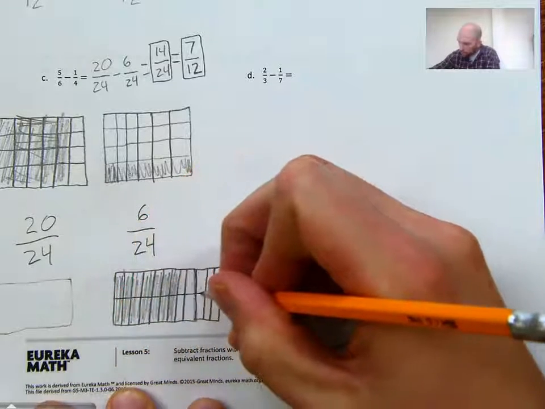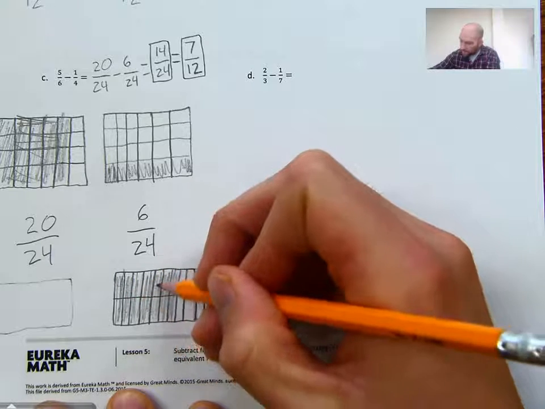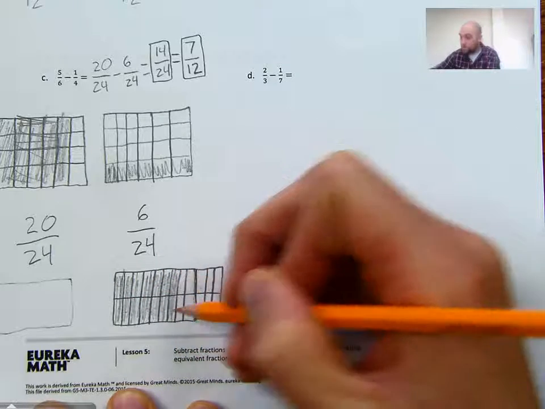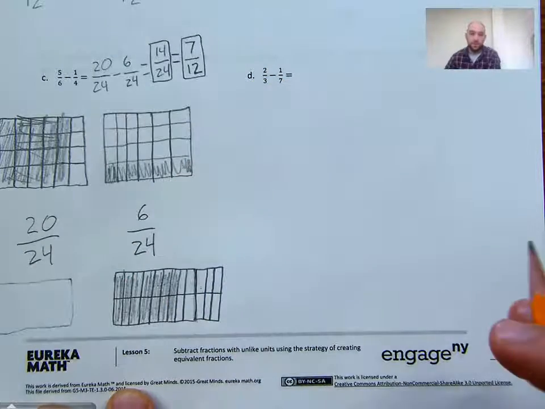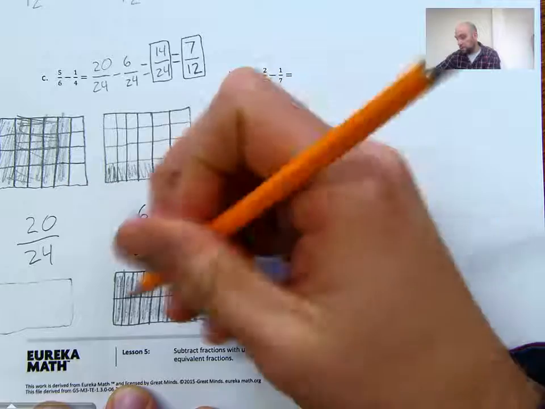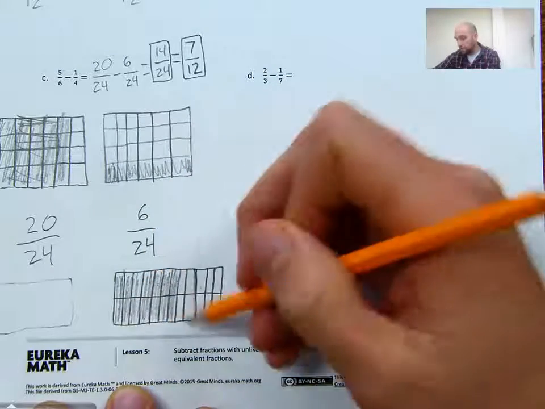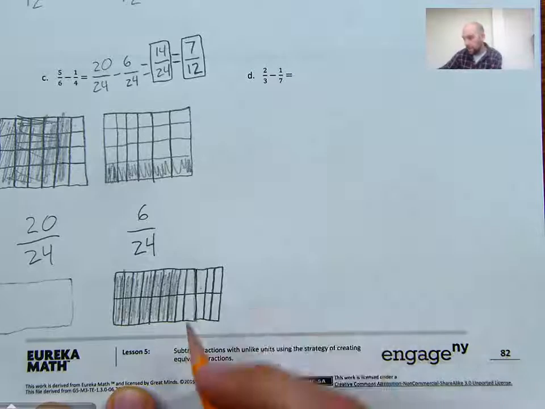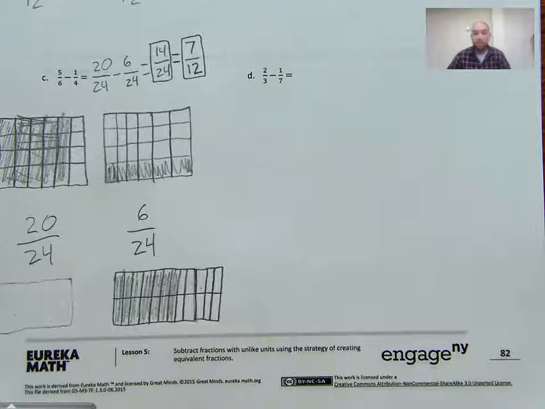And that would be equivalent to 1, 2, 3, 4, 5, 6, 7, 8, 9, 10, 11, 12, 13, 14 24ths. Because now I've split my 12ths in each one of those into a half. So now instead of 12 pieces, I have 24 pieces altogether. I have 12 times 2, 24. And I would have 14 over 24. I'd have 14 24ths, which is the same.